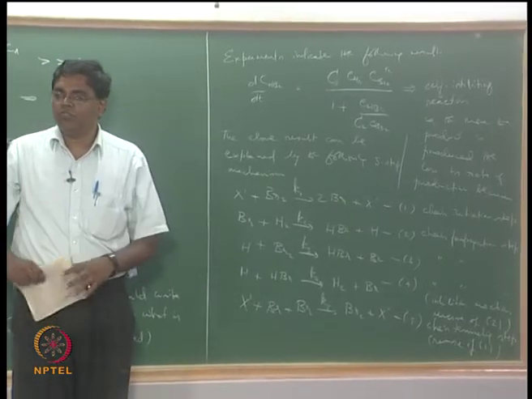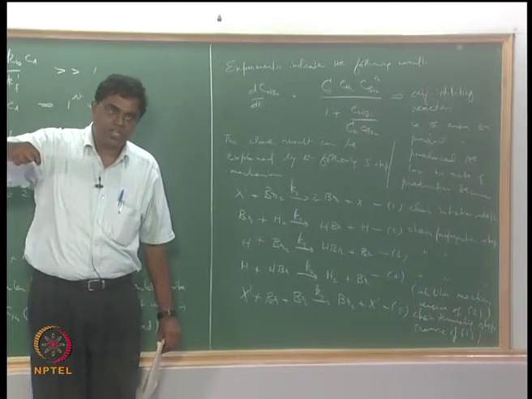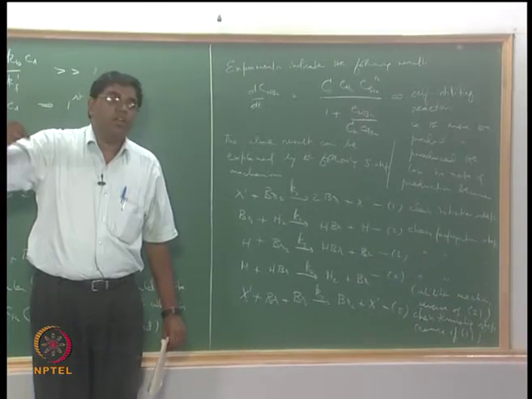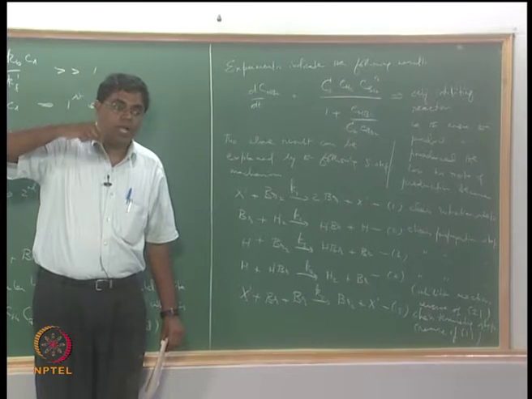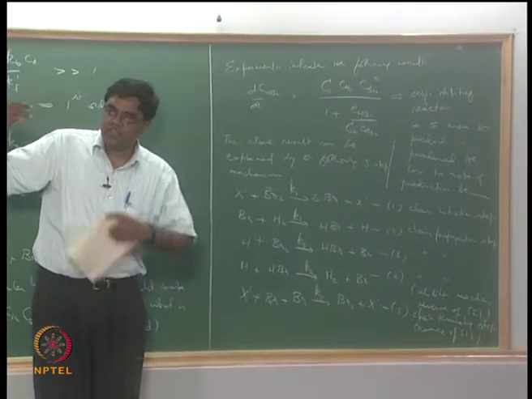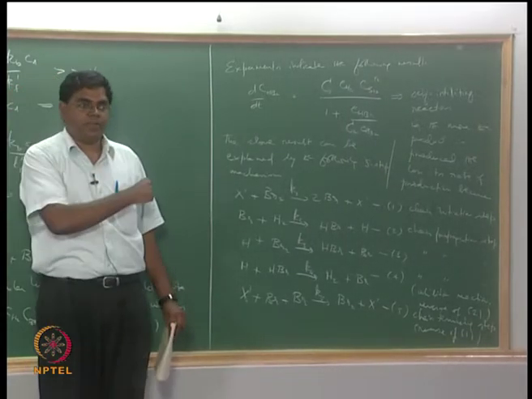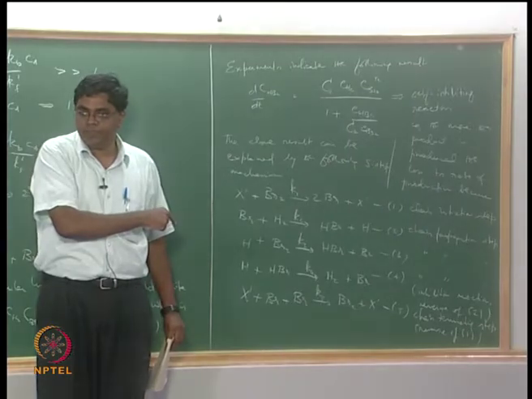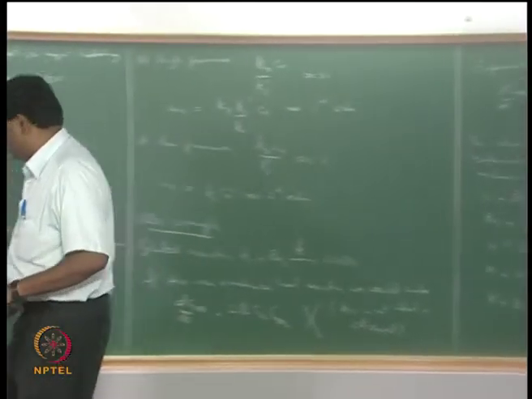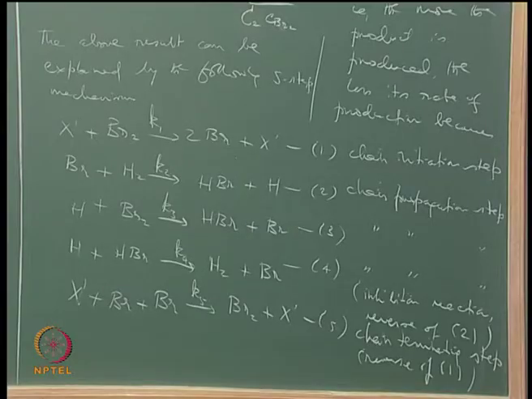So anytime you see a unimolecular reaction versus a bimolecular reaction, or a bimolecular reaction versus a termolecular reaction, whenever you are making these kinds of comparisons, the first thing that hits your head is pressure. What's the effective pressure? Okay, so that's one of the things that we will have to be looking at, just like how we did previously for this example.